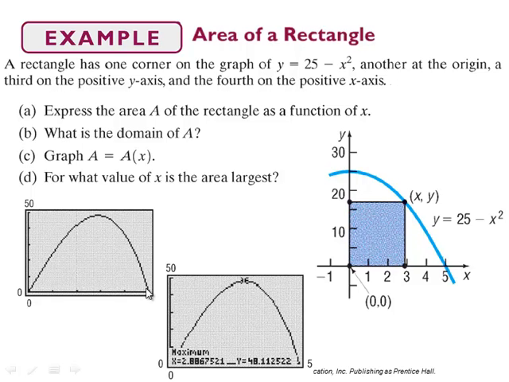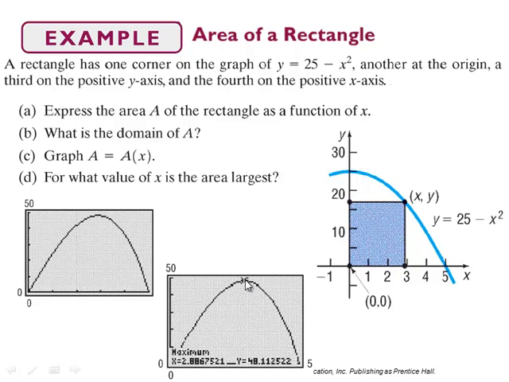And then if we were to use the maximum function from the calculate menu, we could very easily find the coordinates where the curve tops out. Remember, this curve is the graph of this area function, 25x minus x cubed.